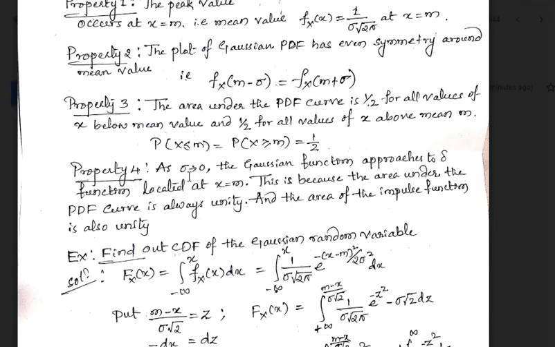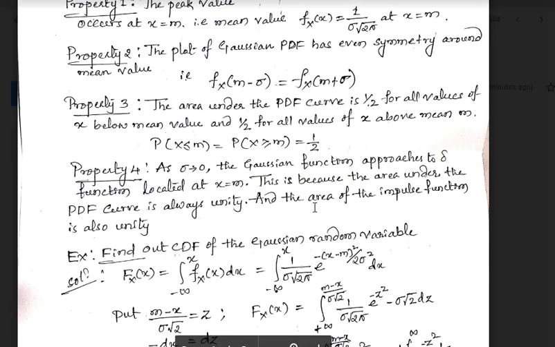Then property 4 is that as del tends to 0, the Gaussian function approaches a delta located at x is equal to m. This is because the area under the PDF curve is always unity.